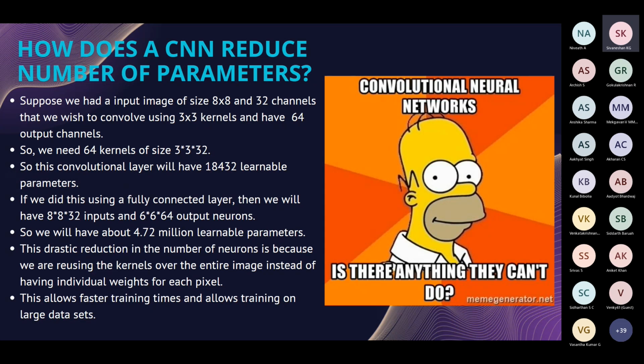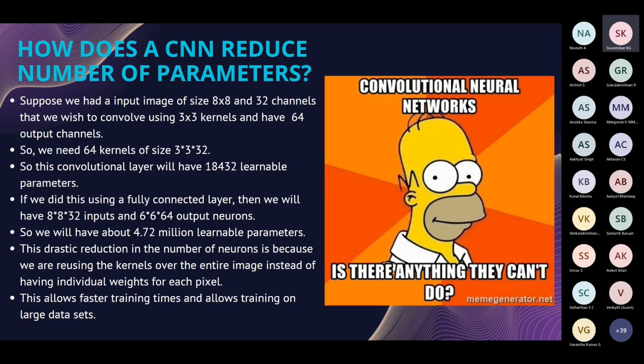But suppose you had the same thing, these 8 into 8 into 32, so you would have that many numbers in that layer. If you had to put it into a normal feed-forward neural network, then you'd flatten this input image, make it into a list of numbers, and pass it through.